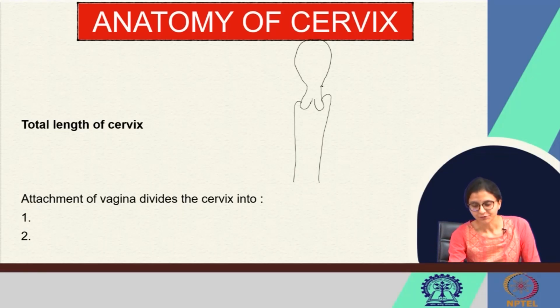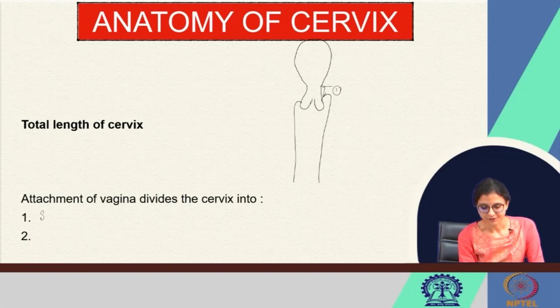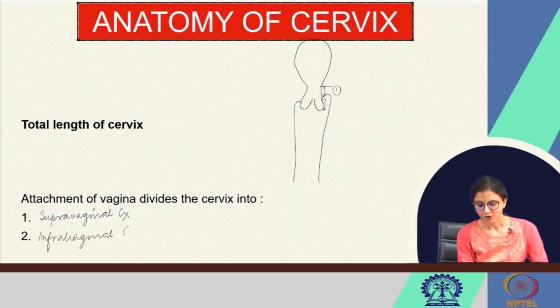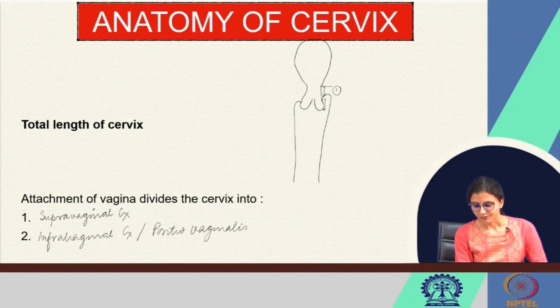The part above the attachment of the vagina is called the supravaginal cervix, and the part which is below the attachment is called the infravaginal cervix, or another name for this is portio vaginalis.